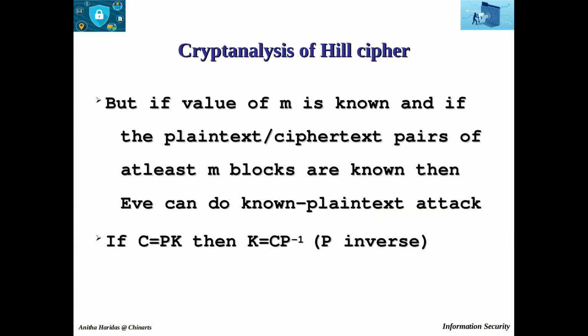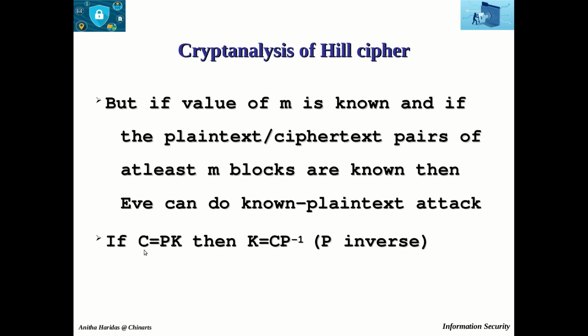Whereas the Hill cipher is exposed to known plain text attack. That is, if the value of m is known to the attacker, and if the attacker has plain text and ciphertext pairs of at least m blocks, then the attacker can do a known plain text attack. How is it possible?